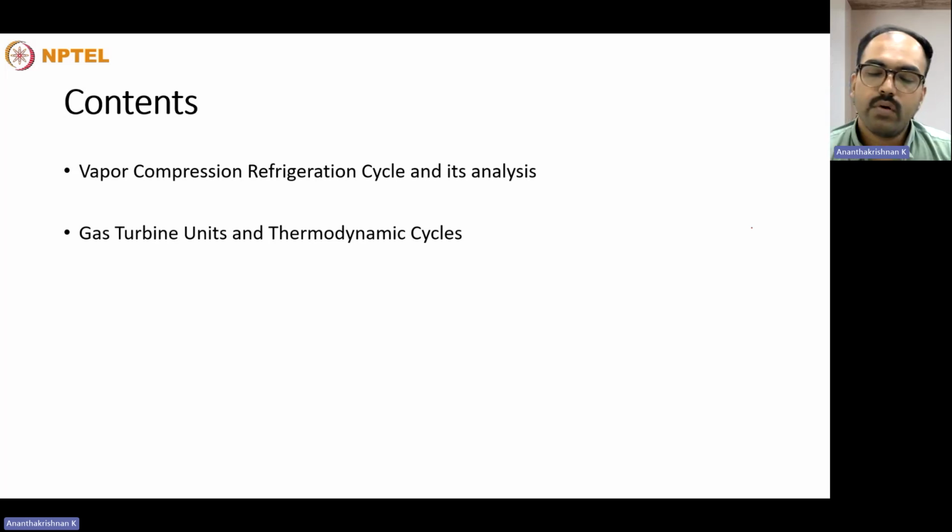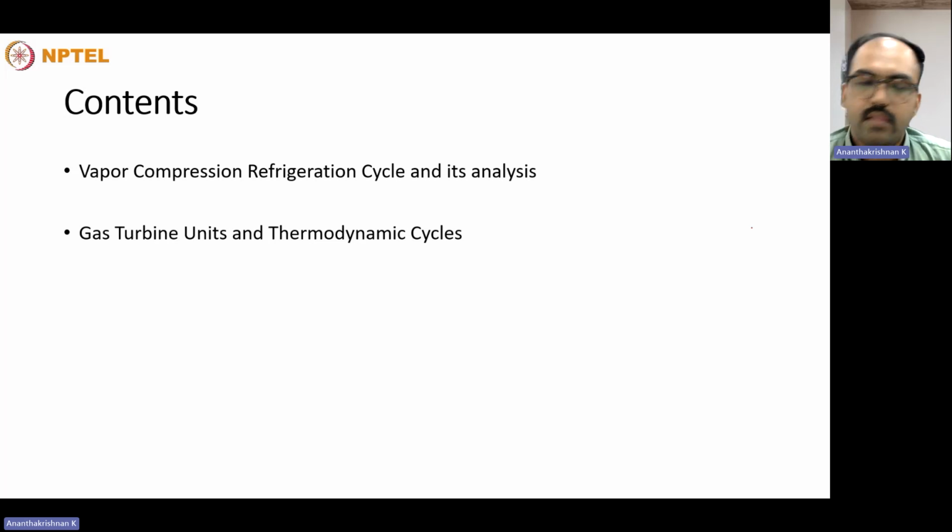Then we went into steam power engineering, the steam power plants, Rankine cycle, modified Rankine cycles, different reheat, regeneration, and superheat cycles from week 2 to week 4. Then we saw a few problems on second law analysis of the steam power plant.